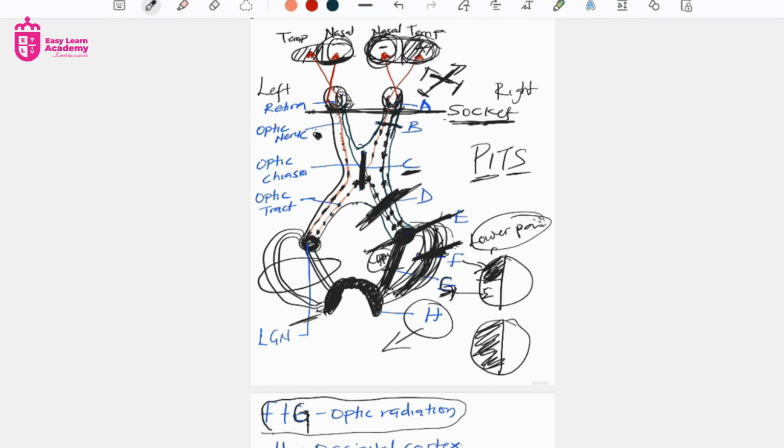Whatever you are supposed to get in D is what you will get in G and F. Imagine that there are two strings. G is one string and F is another string, and both strings make up a homonymous hemi. It makes one side. So if one string is absent, it can't make up a whole side. It will make up only half of it, which is a quadrant. Does it make sense? Yes, it does.